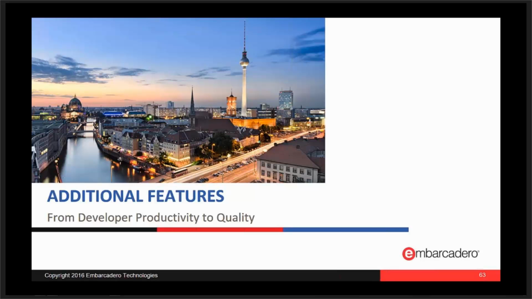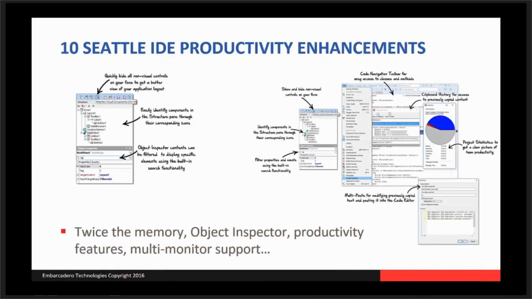Now, beside these main features that we've covered from the installer, IoT, FireMonkey, and all the other enhancements, there are additional features around developer productivity and quality enhancement that have been done to the product. The productivity enhancements we did in 10 Seattle were very significant, including doubling the memory model, the enhancement of the inspector, and much more.